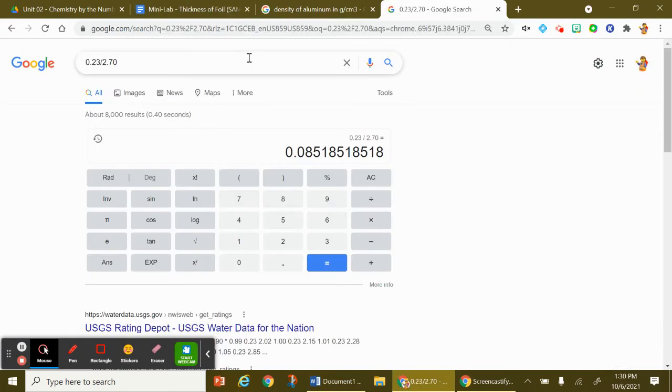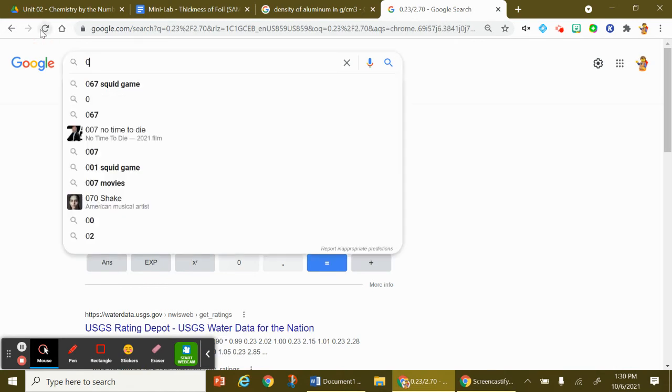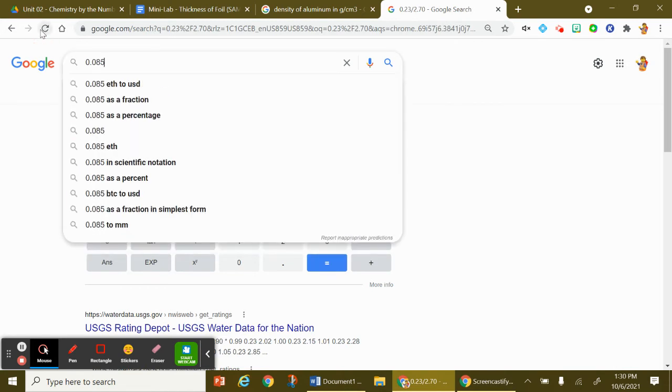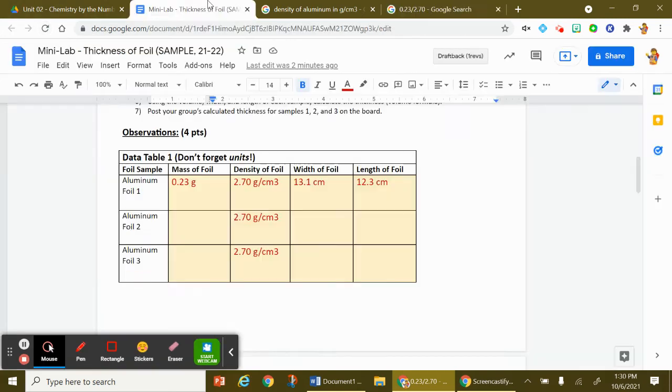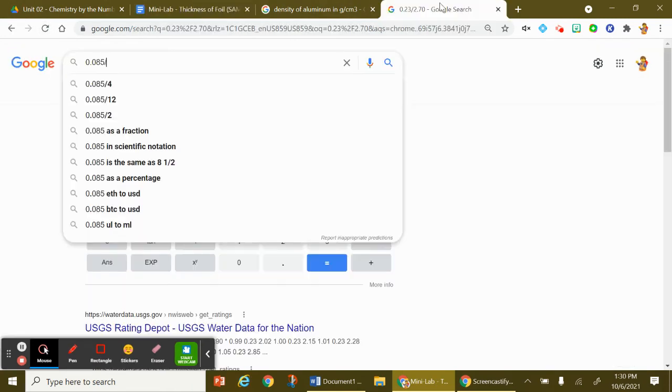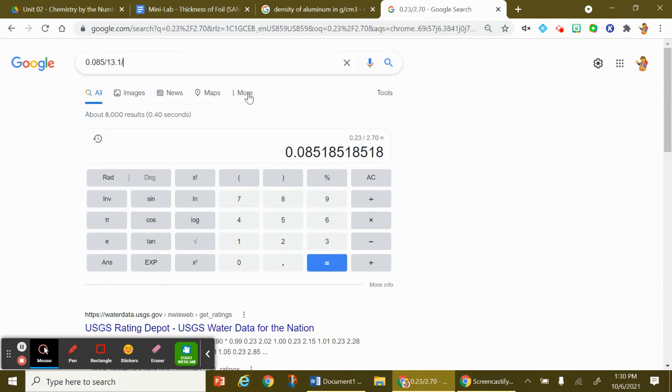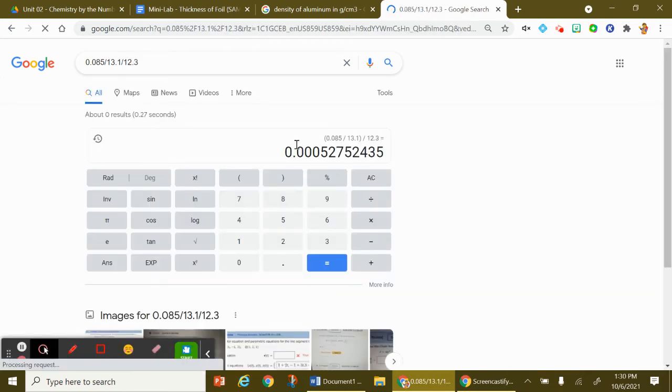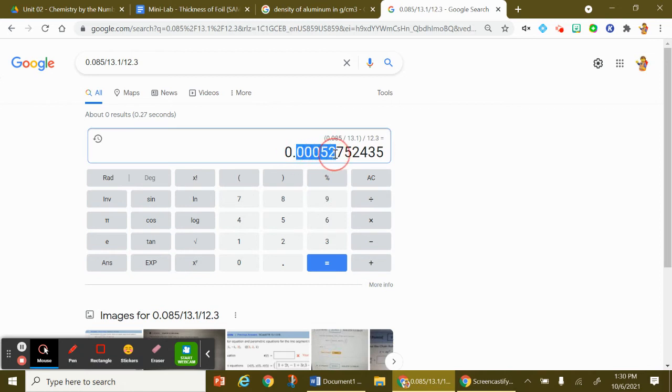So let's see here. 0.085 divided by, look at those numbers again, 13.1 and then divided again by 12.3. And we got 0.000527.